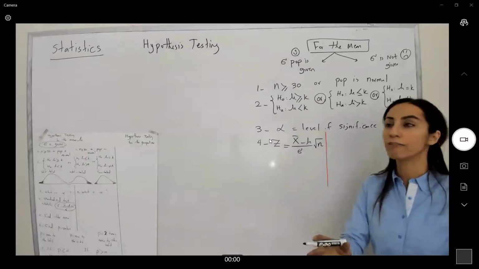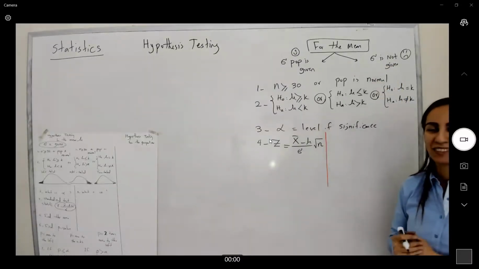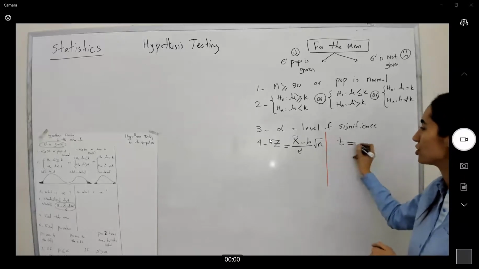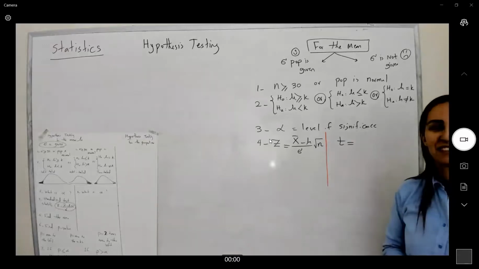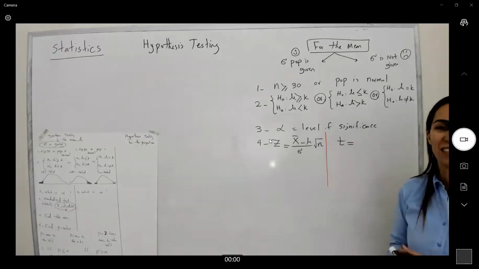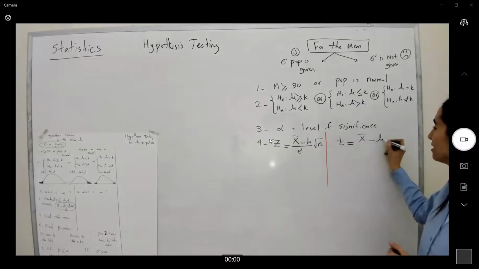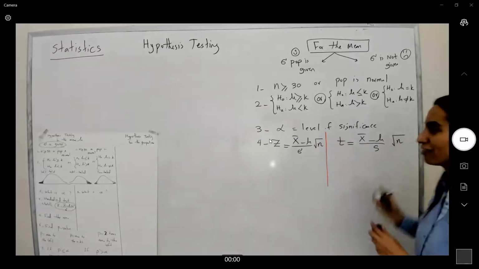So what if sigma is not given? What are you going to use? T table. Use T table. T, very good, which is, what do you think? X bar minus mean divided by S times square root of n.